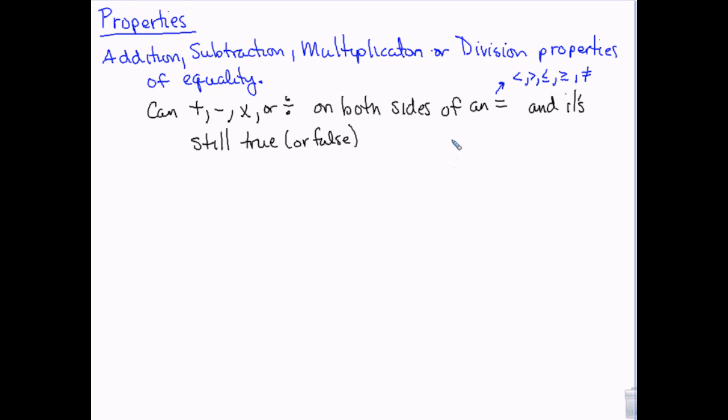So if you add, subtract, multiply, or divide, as long as you do it to both sides, you didn't change anything. You didn't change the truth of the statement. If it was true, it stays true. If it was false, it stays false. Okay? And those are properties that we can use in a proof. For example, if we were proving x plus 2 equals 4, that means x equals 2. We would use subtraction because we'd subtract 2 from both sides. That would be our step.